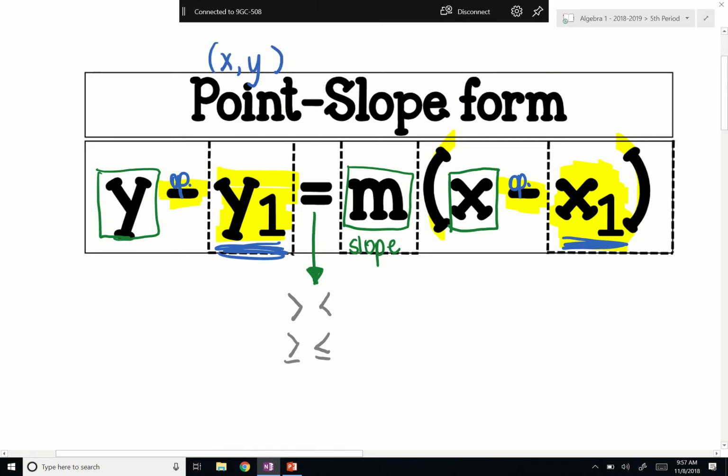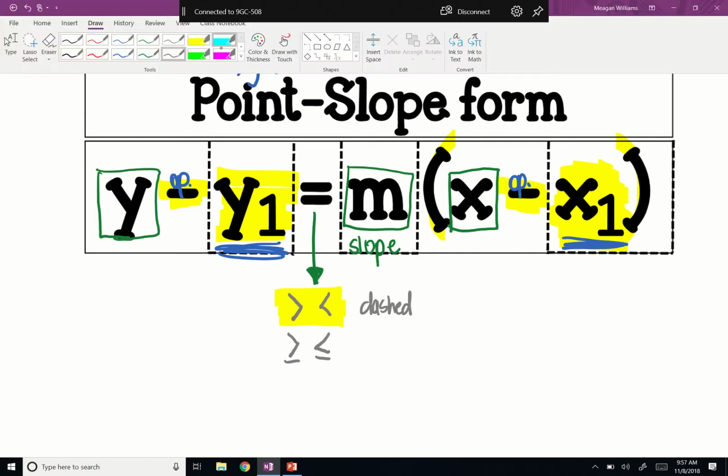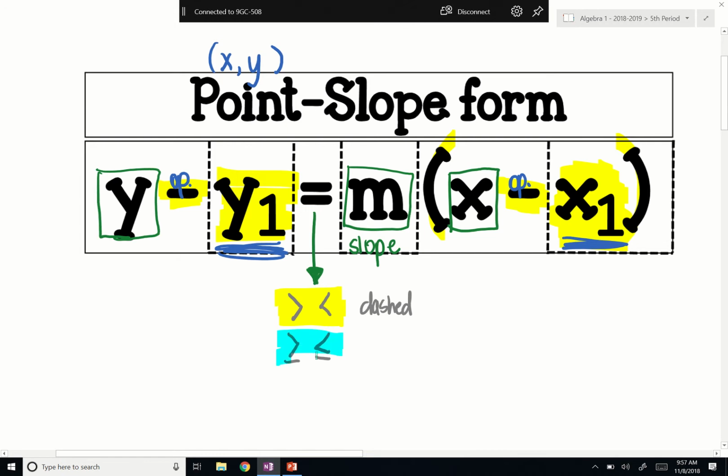Now watch. These two that I just highlighted, what are those going to create? What type of line? Dashed line. What about these two? Solid because they are what? Equal. Solid because of these equal signs right down there. Are we okay with that?